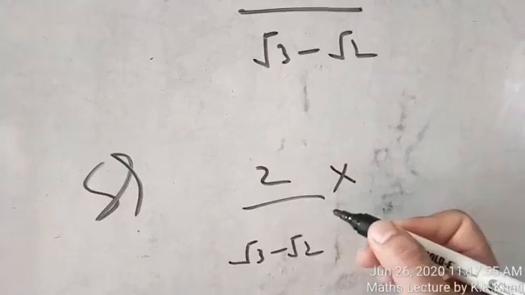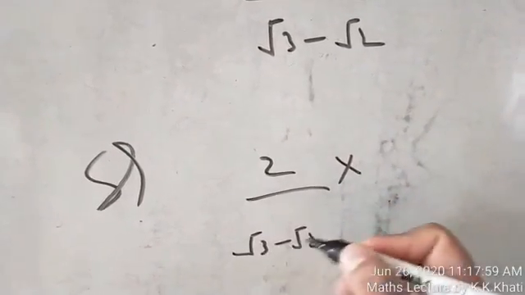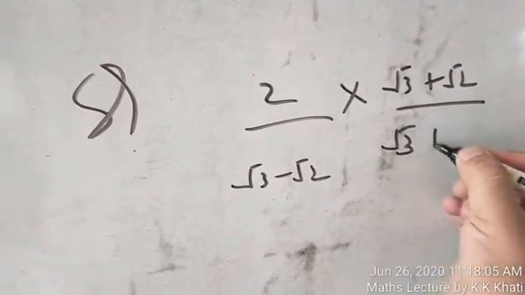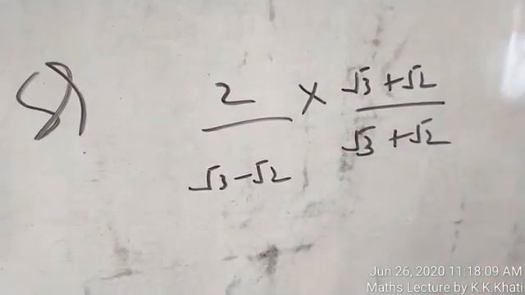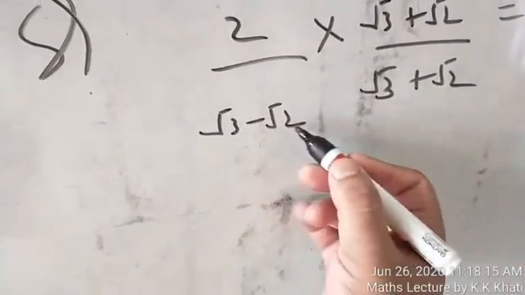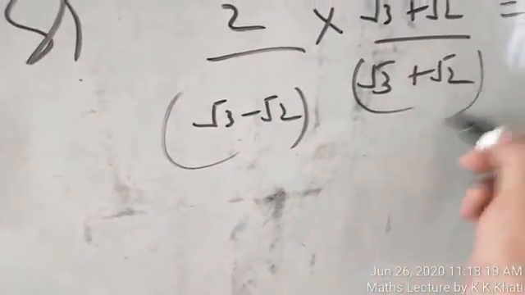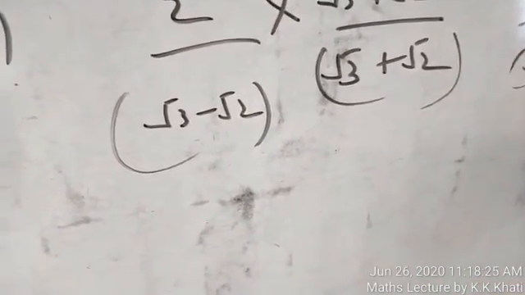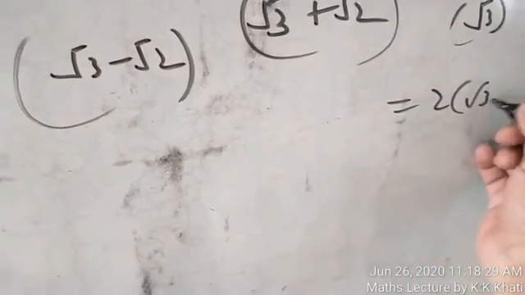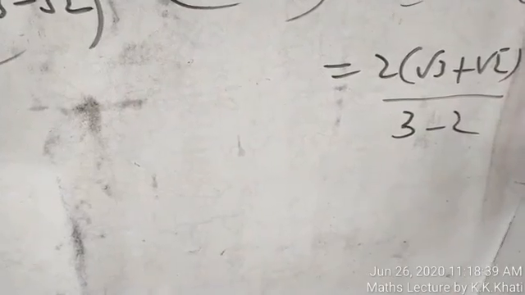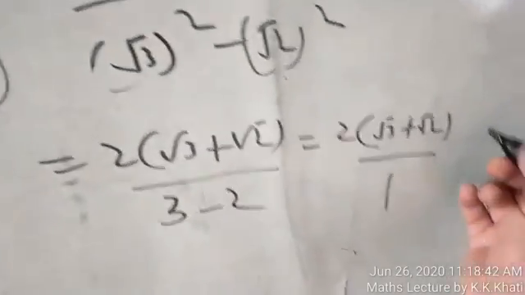We have to multiply the numerator and denominator by the conjugate of the denominator. So the conjugate of the denominator is root 3 plus root 2. So you multiplied the numerator by root 3 plus root 2, and the same in the denominator. So this becomes 2 times (root 3 plus root 2). And below, since it is of the form a minus b and a plus b, a minus b times a plus b is a square minus b square, that is, root 3 squared minus root 2 squared. So you can write 2 times (root 3 plus root 2) upon root 3 squared, which is 3, minus root 2 squared, which is 2. So your answer comes as 2 root 3 plus 2 root 2 upon 1. So this is your final answer.